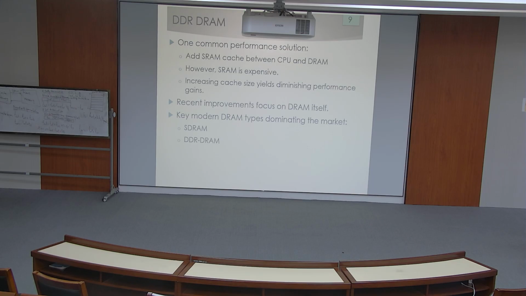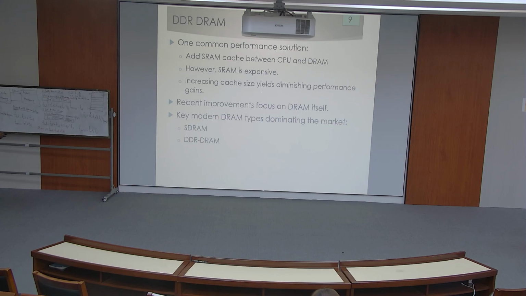Now, to solve the issue of the traditional DRAM, we needed to think about adding a static RAM between the central processing unit and the main memory. But how about the cost? Because we also need to have the computer system at an affordable price. So this is not the right option because static RAMs are expensive.